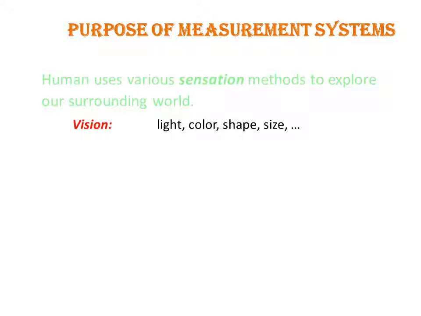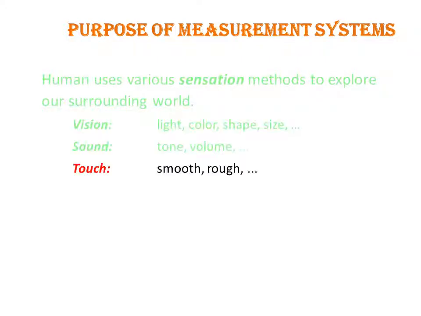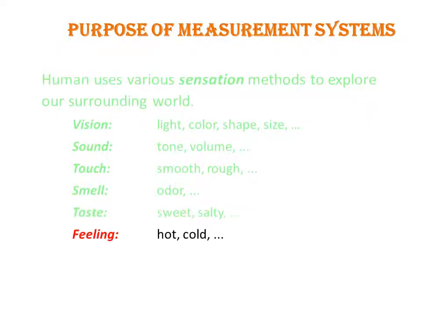Example, the vision helps us in finding the light, color, shape and size. The sound helps us in finding the tone and the volume. The touch helps us in finding the smooth and the rough surface. The smell helps us in finding the odor. The taste helps us in finding the sweet and the salty.